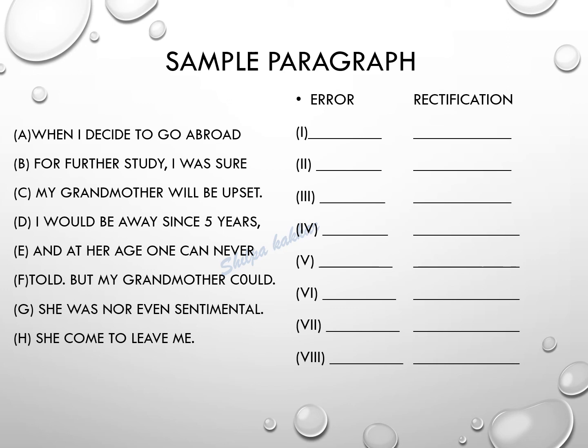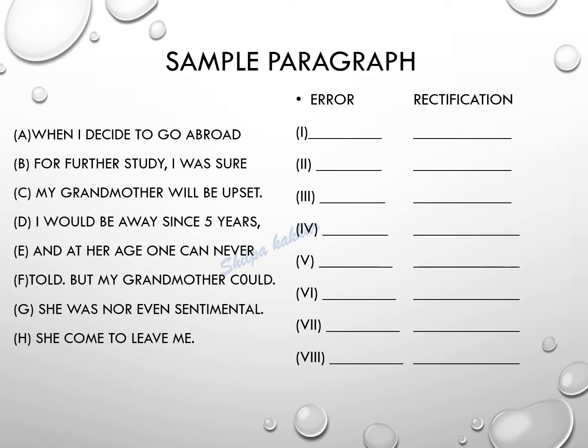Let us see a sample paragraph. In order to make a paragraph error-free, we have to keep certain things in mind, which I have discussed, which generally people make mistakes in.